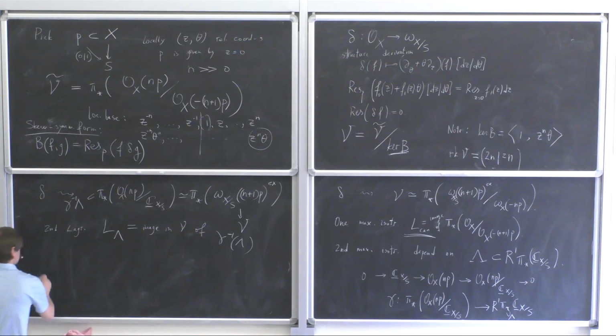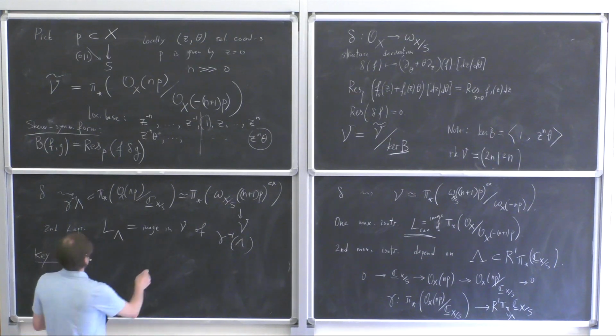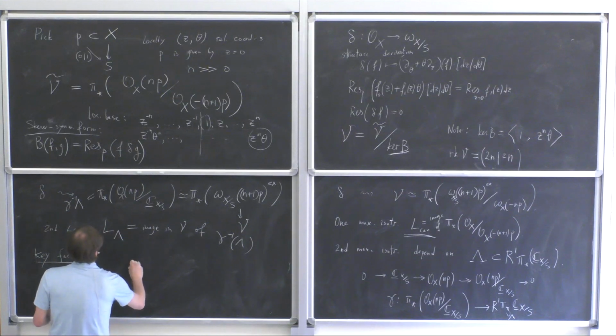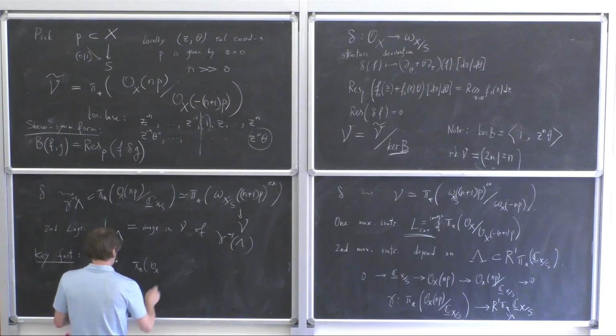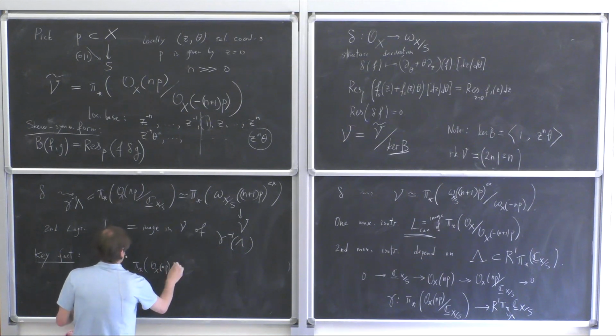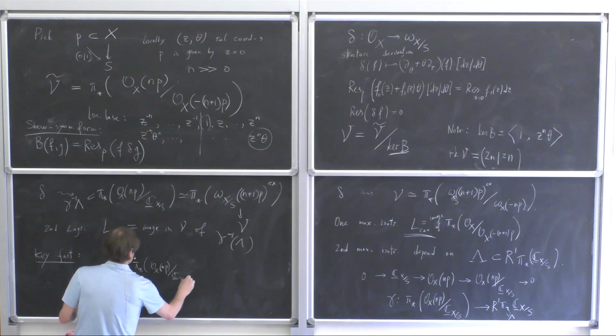Now there is a key fact. We have on this pi star of O_X(nP) modulo constants two maps.